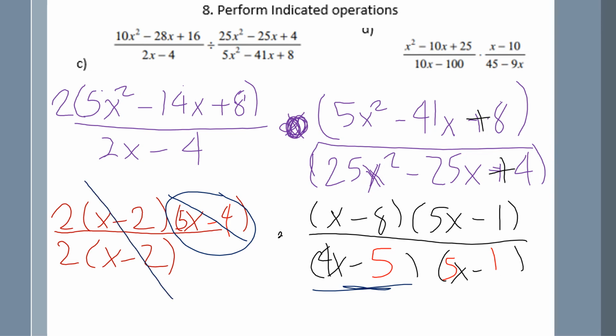So this cancels out. This cancels out. The 2's cancel out. So I got x minus 8 in the numerator, but let me double check what's in the denominator. Oh, I see. Yeah, I got that backwards.